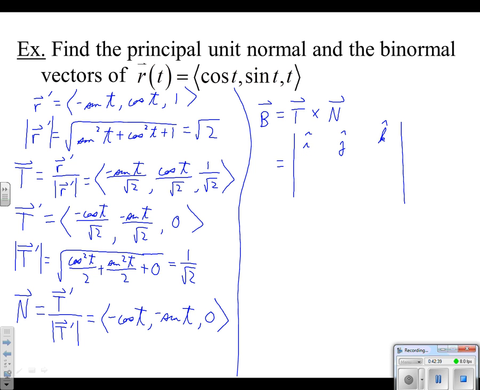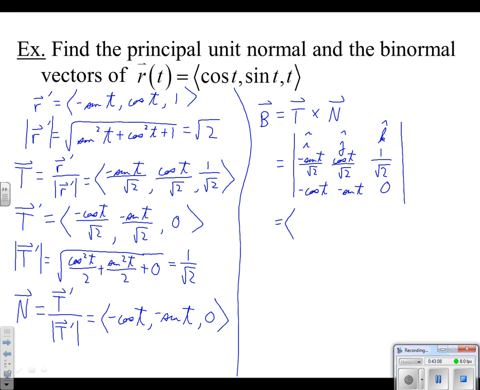T is negative sine t over radical 2, cosine t over radical 2, 1 over radical 2. And then N is negative cosine t, negative sine t, and 0.